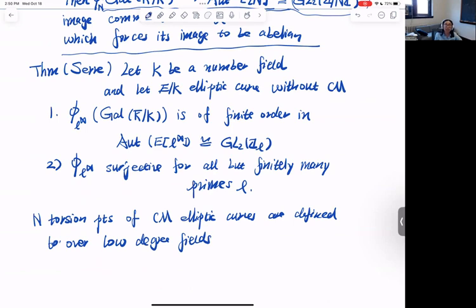And this fact has applications in current research. For example, people are very interested in the set of points on curves that are defined over a field. And when this curve is a modular curve, the CM points give you a lot of low degree points. That's the first thing. Second thing is this abundance of CM points helps you to study. There are many more applications that I don't have time to discuss today.